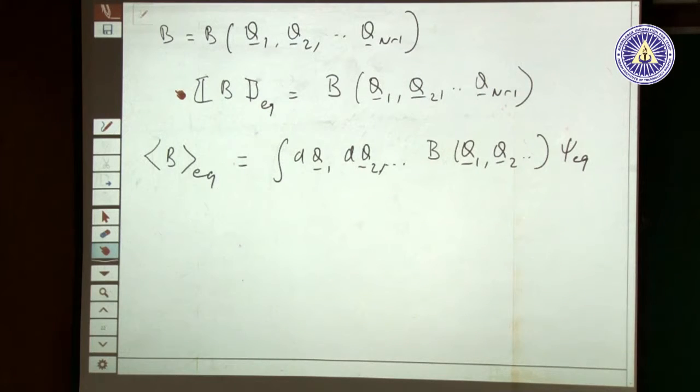Okay, now that we have defined these, let us calculate. So, I have got a bead spring chain, right.